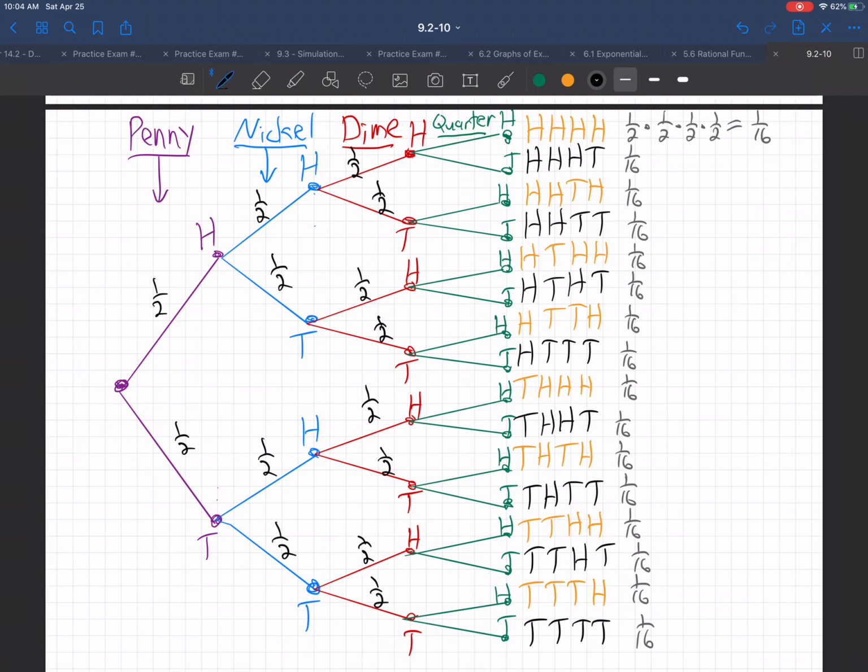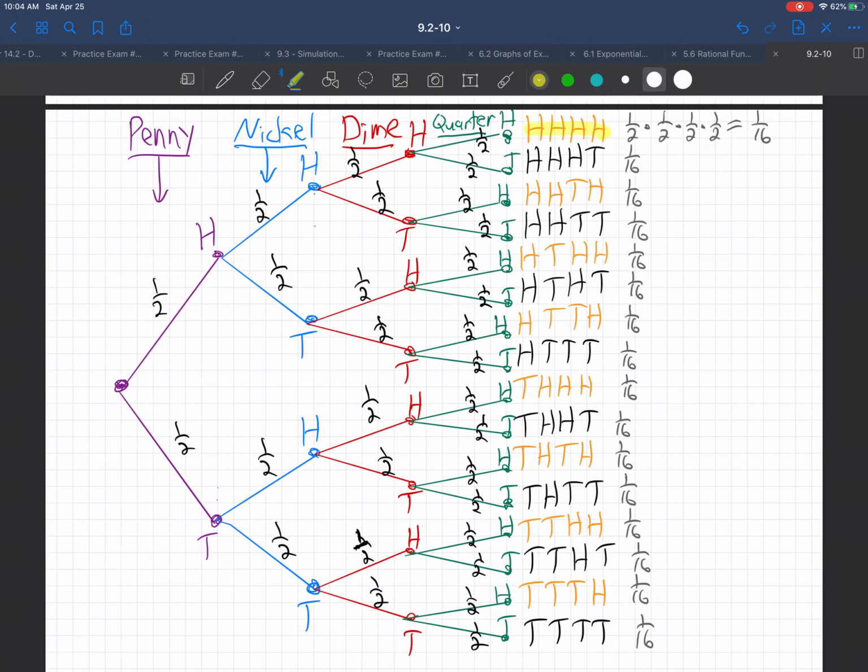Let me do that. Just gets kind of cluttered here. So there we go.